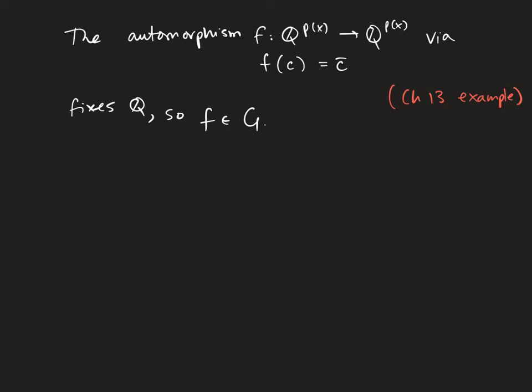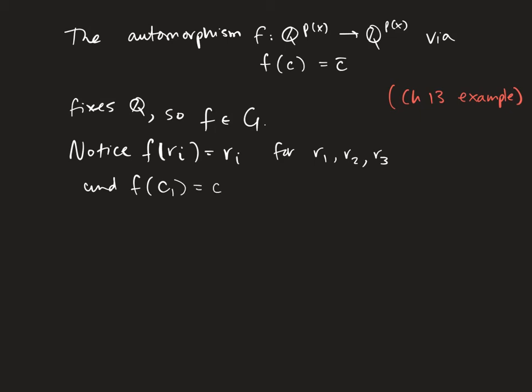And we also notice that for the real roots, F of anything real, like R1, R2, or R3, there's no imaginary part, so the conjugate is just the root itself for R1, R2, and R3. And F of C1 is C2, and F of C2 is C1.